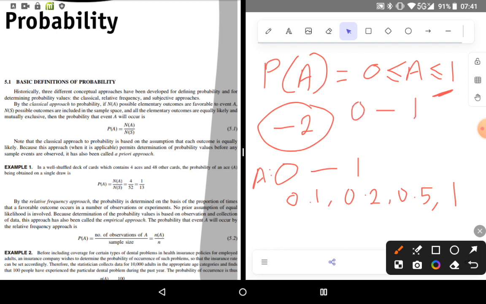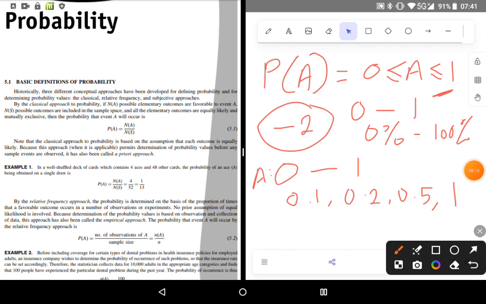And looking at this from 0 to 1, by the time I try to convert this to percentage, it means from 0% to 100%.